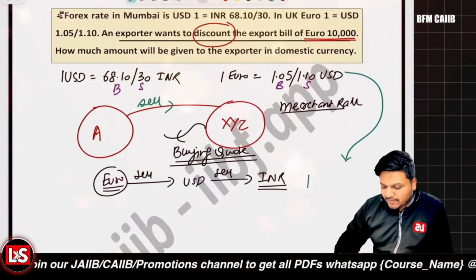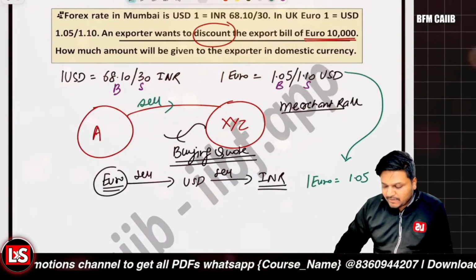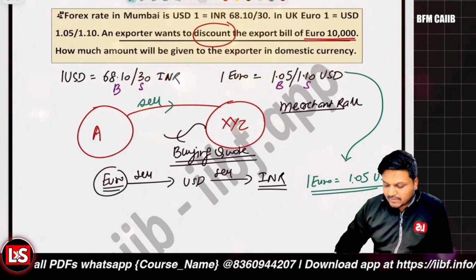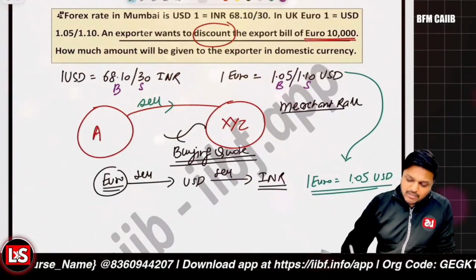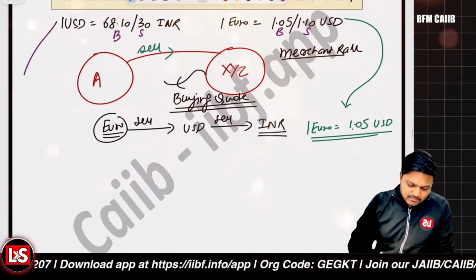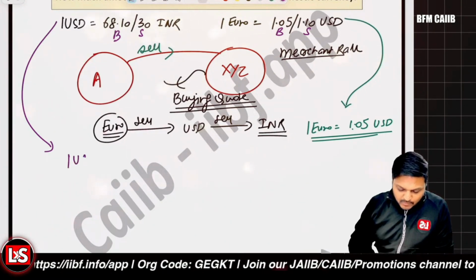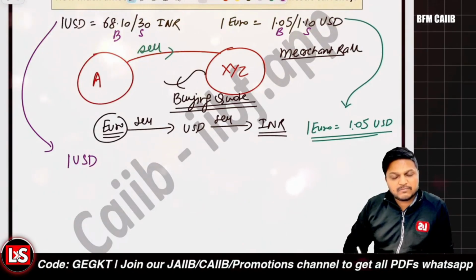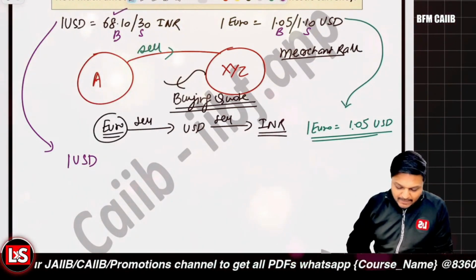It is 1 euro is equal to 1.05 USD. Now, once you have the USDs with you, you'll be selling the USDs from the second equation. You will be able to sell at a price at which the bank is ready to buy, so again the buying rate would be applicable.